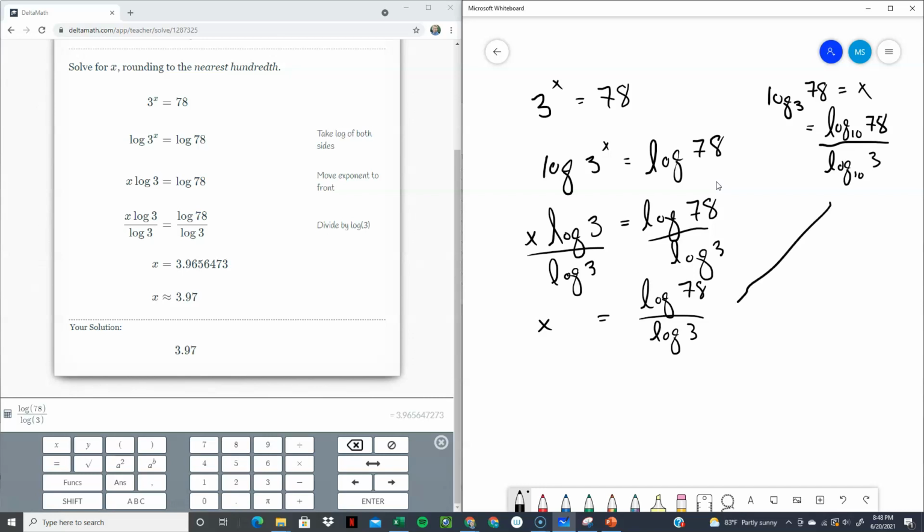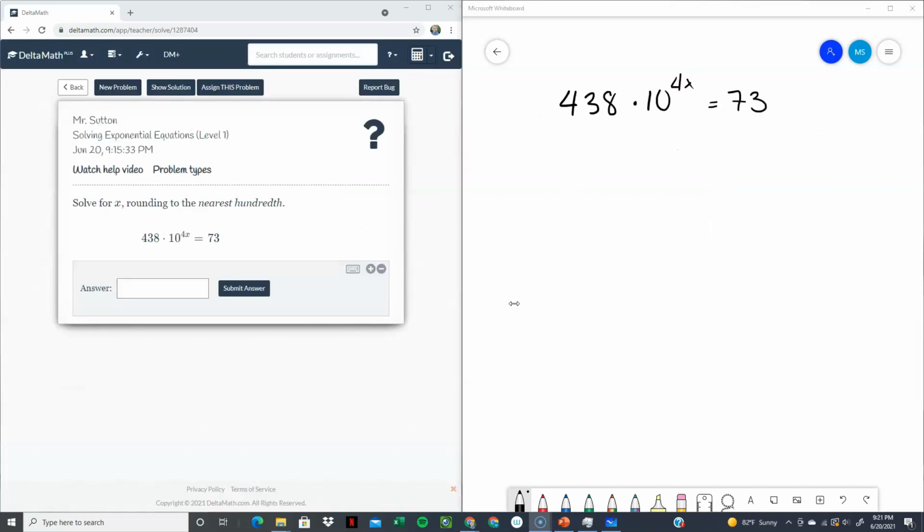So we ended up in the same exact place. So that's another way you could do this. You can rewrite this in log form and just know that rule that you can change that into that. Or you can do the algebraic way where you take the log of both sides and move the x and then divide on both sides. Either way, you end up in the same place.